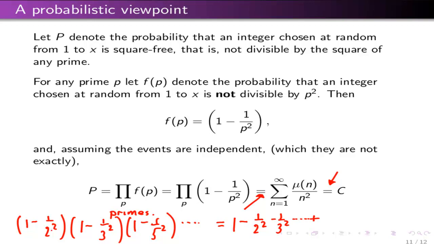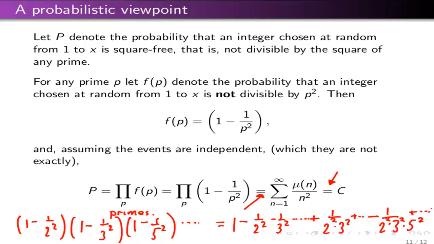Then you're going to run into terms that have a product of 2 primes, and those will have a plus sign. So plus 1 over 2 squared 3 squared, plus 1 over 2 squared 5 squared, plus 1 over 3 squared 5 squared, and so on. Then you're going to get products of 3 primes, and those will come with a negative sign. So 1 over 2 squared times 3 squared times 5 squared.